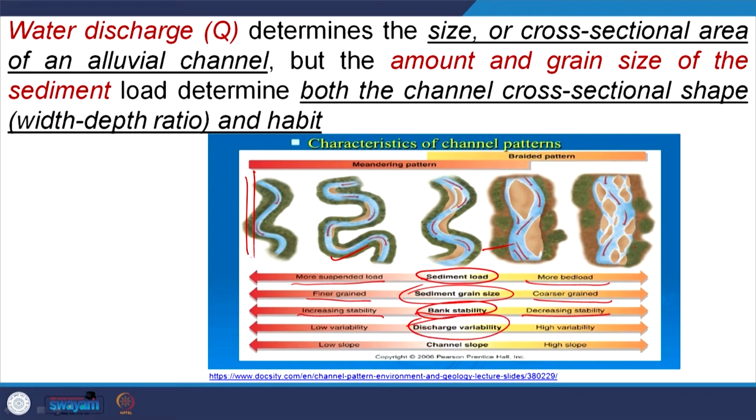Similarly, discharge variability: if we see low variability discharge, it is monotonous discharge, but here it is high variability discharge. Then channel slope: it is a lower slope, it is a higher slope. So, that means if it is finer size, this side is coarser size. So, increasing slope, decreasing slope, increasing suspended load, decreasing suspended load, all those factors define how a channel will take its shape, what should be the channel habit.